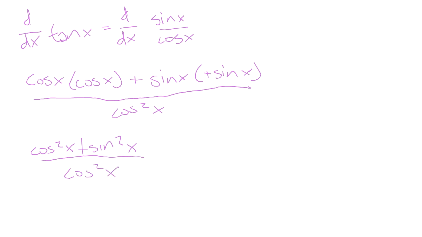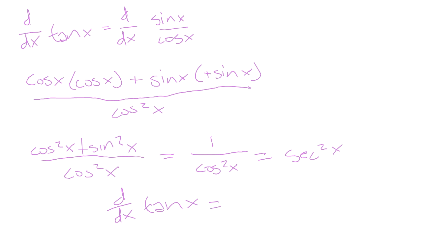Using our Pythagorean identity, we can cancel out the top to just 1, which gives us 1 over cosine squared of x, which is equal, since 1 over cosine is secant, to secant squared of x. Therefore, the derivative of tangent of x is equal to secant squared of x.